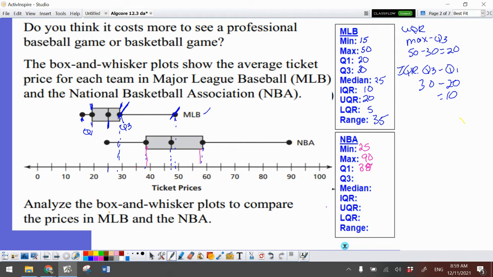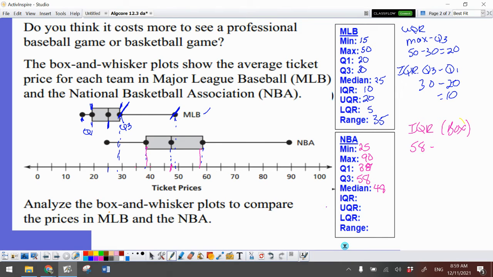Q3, let's call that a 58. It's almost 60. And our median, remember that's the middle, looks like it's pretty much in between. Let's call that a 48. Again, we can find all of our values from these five numbers. The IQR is the size of our box, which is Q3 minus Q1.